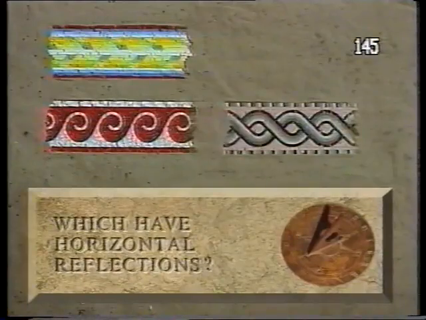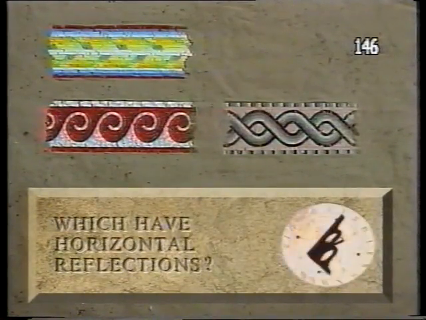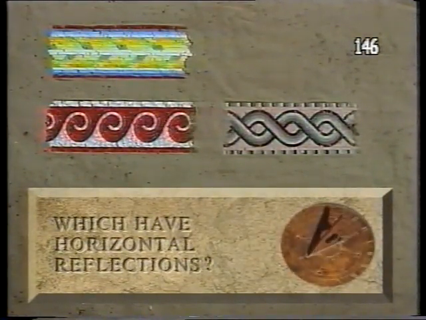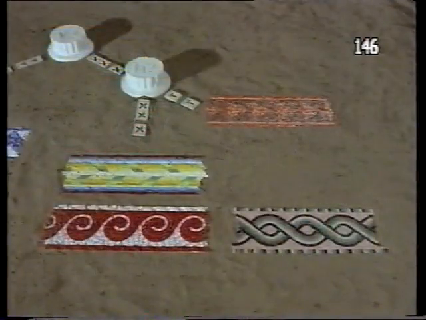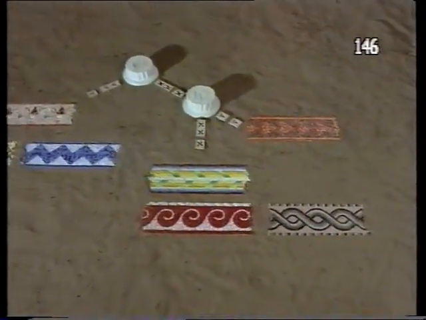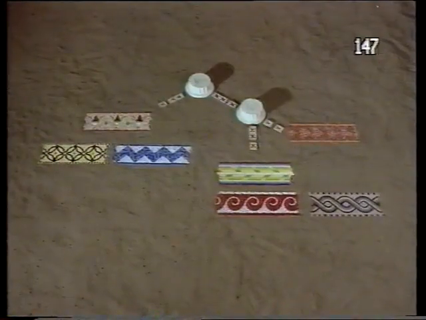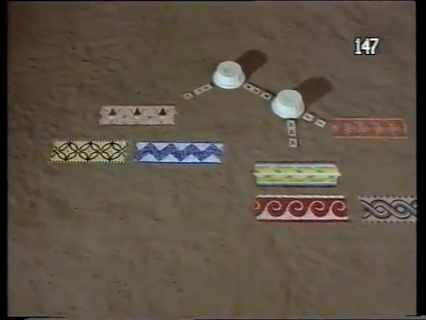Do any of the other friezes have horizontal reflections as symmetries? Well, no. These other three friezes have no horizontal reflections, so their symmetry groups are different, and we'll put these friezes in another class. But what about the friezes in this class?